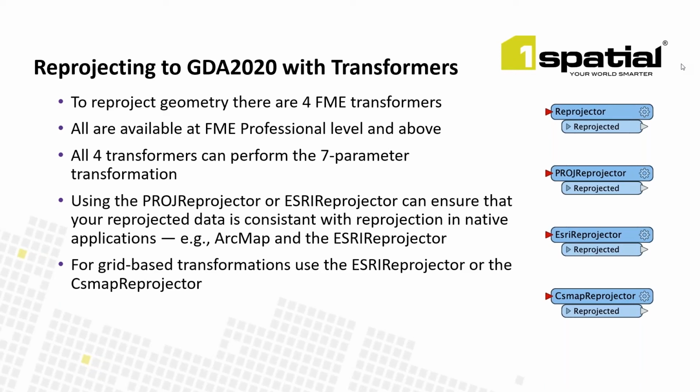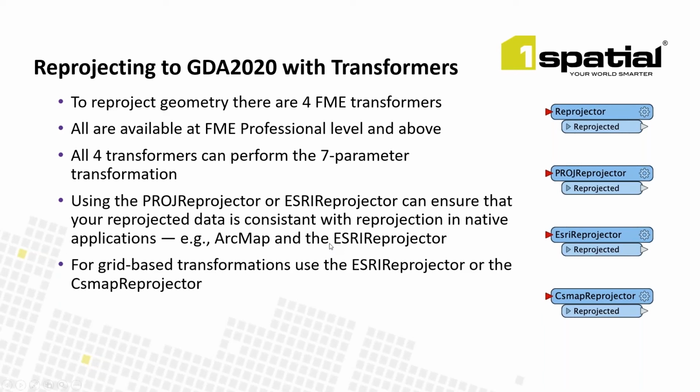And then the last one is the CS-MAP Reprojector. All 4 of these will do the 7-parameter transformation for us. Only the last 2, the Esri Reprojector and the CS-MAP Reprojector, will allow us to use the grid transformations.